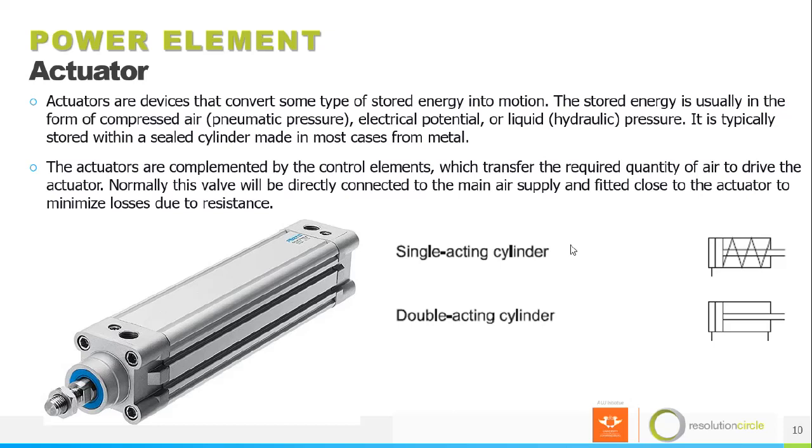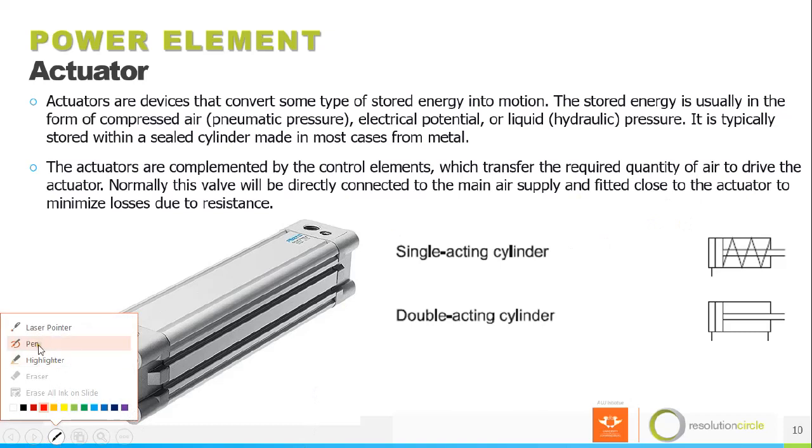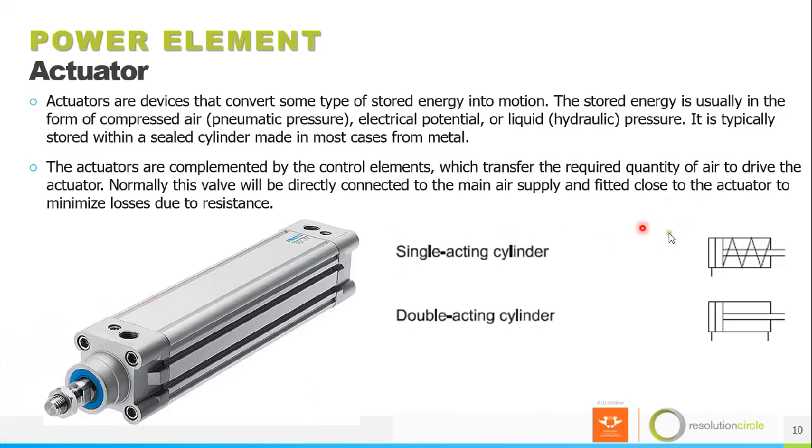We have two types of cylinders. We have a double acting cylinder, and we have a single acting cylinder. A single acting cylinder has a spring inside. This is the sign of a single acting cylinder. As you apply pressure on this port, the pressure builds up here, which pushes the piston rod to make the cylinder advance.